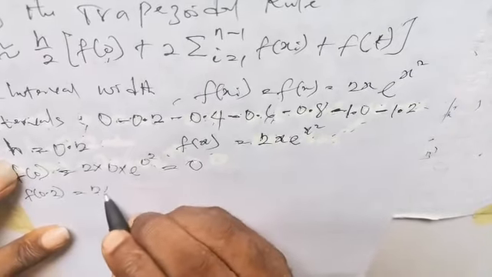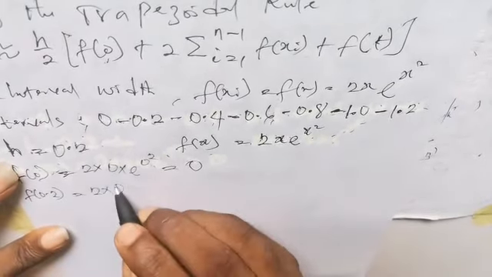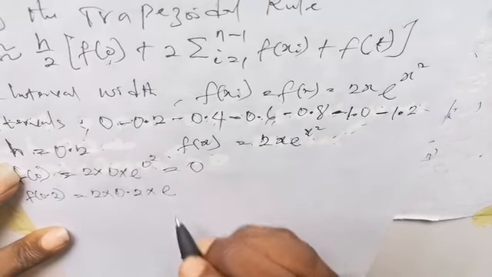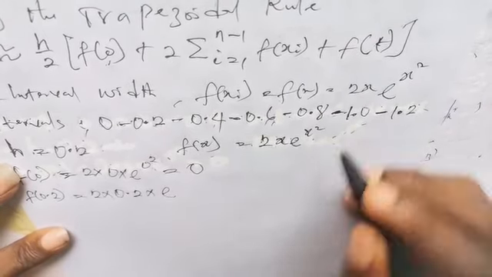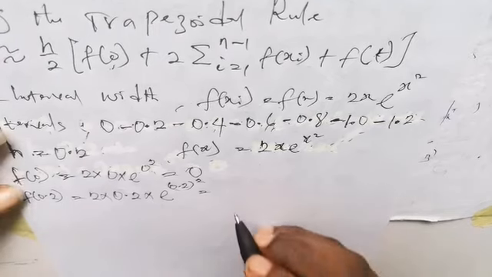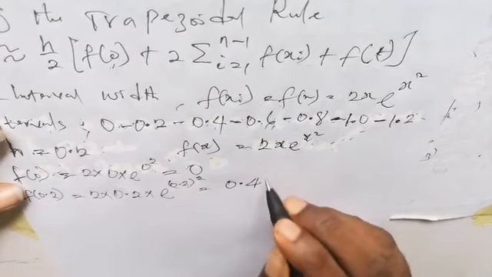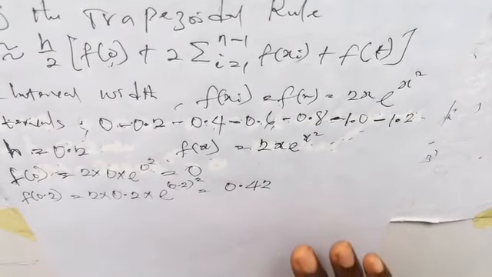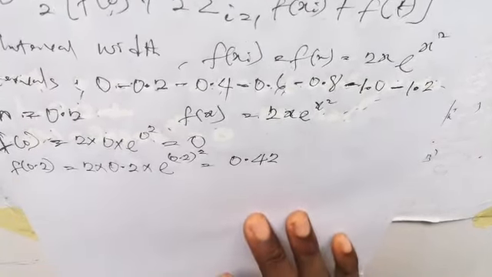This becomes 2 times 0.2 times exponential of 0.2 all squared. I'm going to be computing all of this together at once. So go ahead and cross-check that to avoid any errors. Everything here gives me approximately 0.42. Guys, also do well to cross-check this with your calculator to ensure no errors. So that gives me f of 0.2.